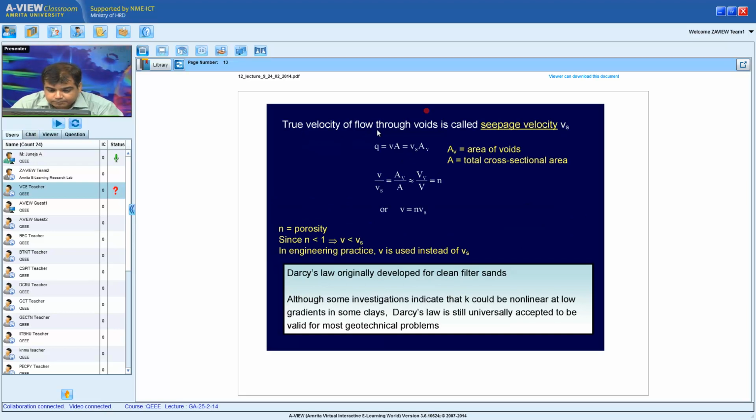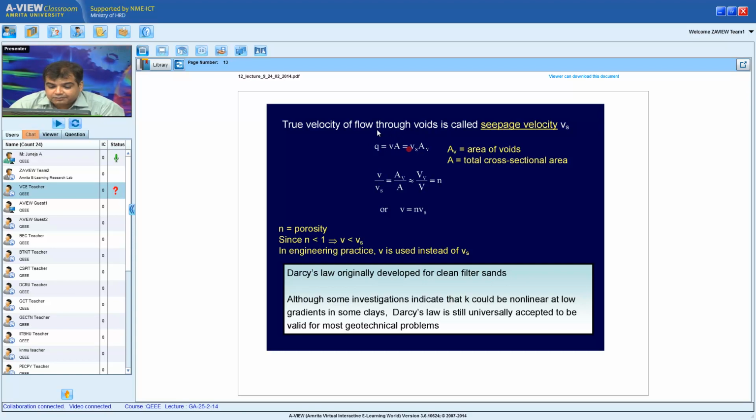So if I extend this concept of the superficial velocity, I get flow, which is Q. It was defined as V times A, in this case superficial velocity times A. The flow actually occurs through the voids.